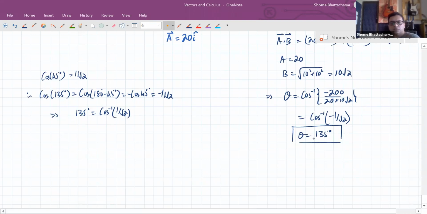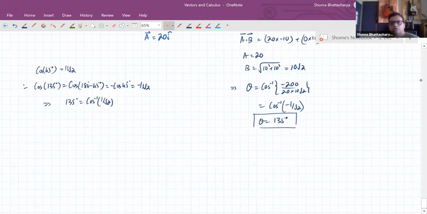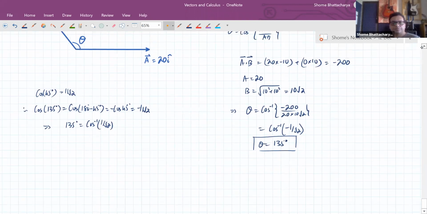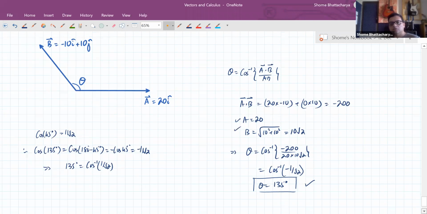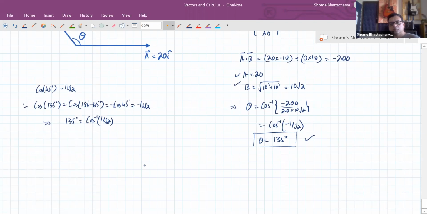Now we come to the cross product. Okay, so for the cross product, I've got the angle. I know the magnitudes of the two vectors, this and this. So now I know that the magnitude of the cross product will be AB sine theta.